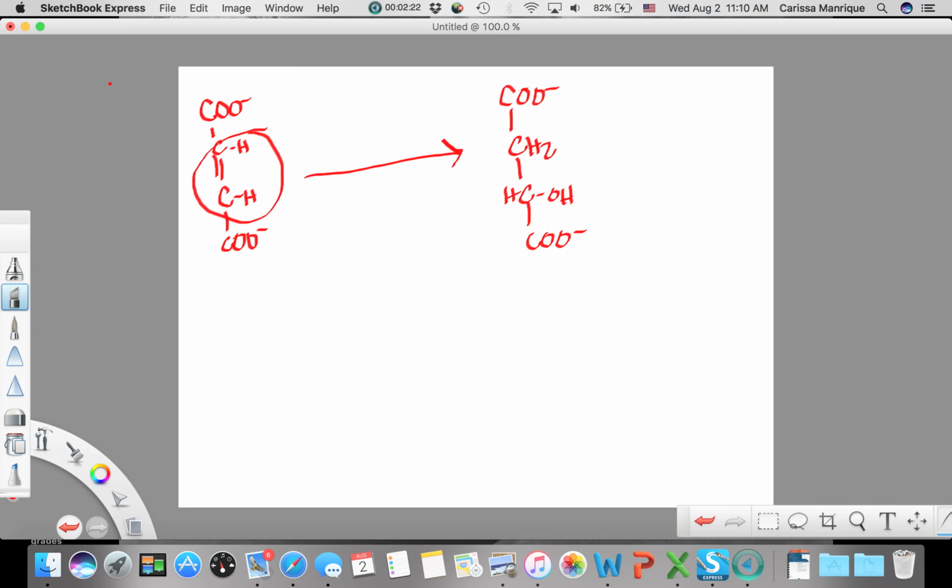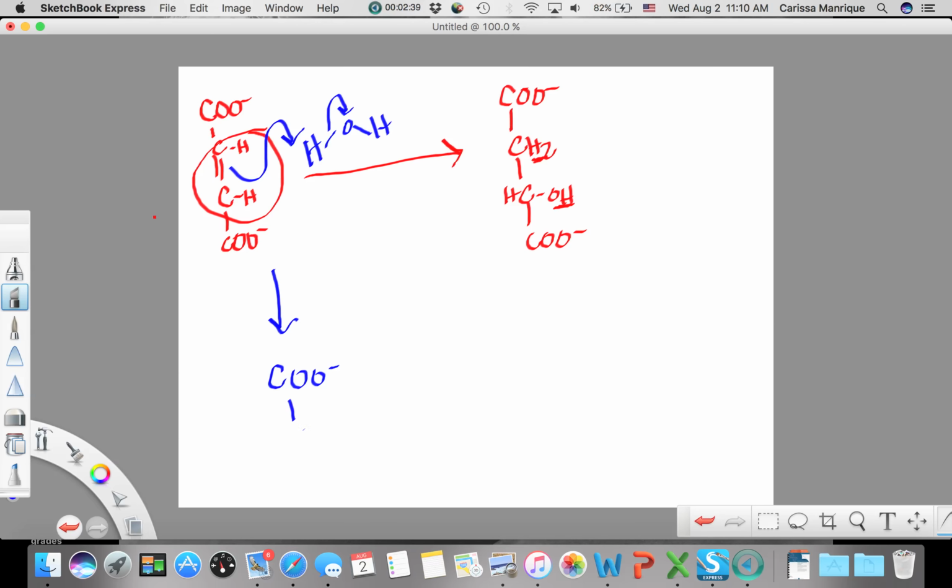Now you see this double bond is gone, and we've added across here an H and an OH, which is just water. So we're adding hydrogen across a double bond. So first, the double bond grabs a hydrogen, leaves the electrons.